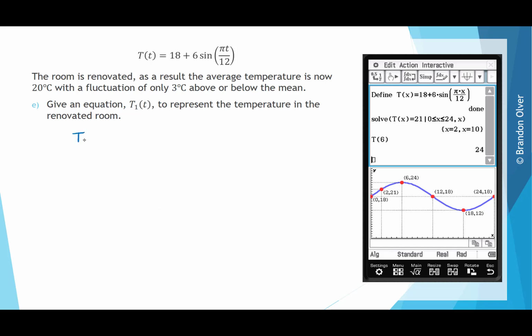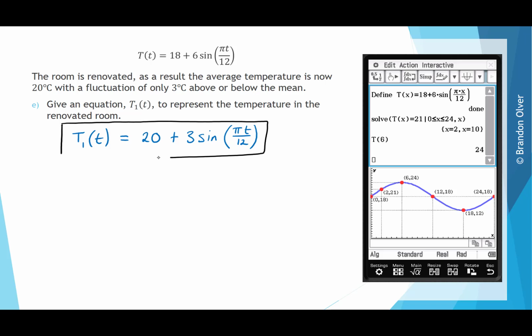So our equation T1 of t is going to equal, and the average temperature in the room is 20, so it's going to be 20 plus, and then instead of going 6 degrees above and below our mean, we're only going to go 3 degrees above and below, so it's going to be plus 3 sine. And our period didn't change, so we're still going to have pi t on 12. So this is the equation that we can use to model the temperature inside the renovated room.